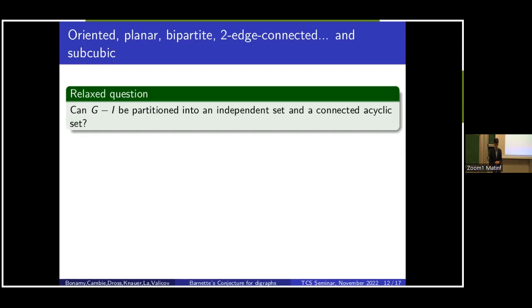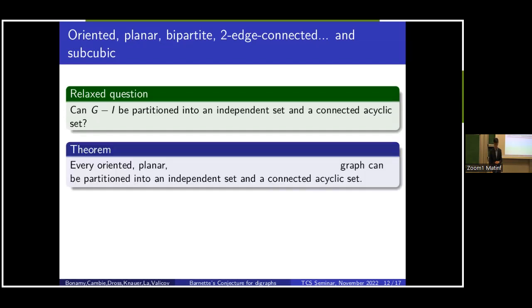And maybe, before getting to what we actually prove, let us see why removing the independent set is an interesting operation to do for this type of graph. You already know that when you remove an independent set, the resulting graph must be oriented, planar, but don't forget that we come from an even triangulation.